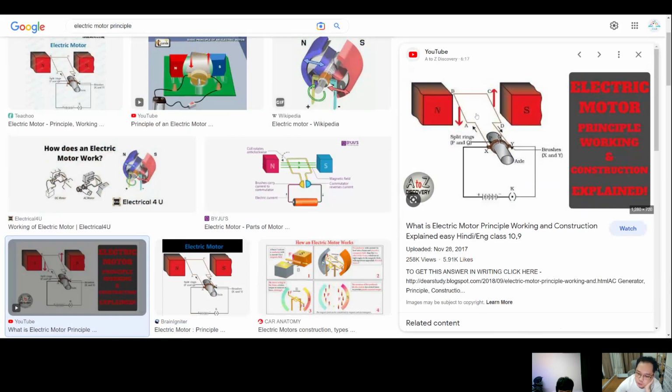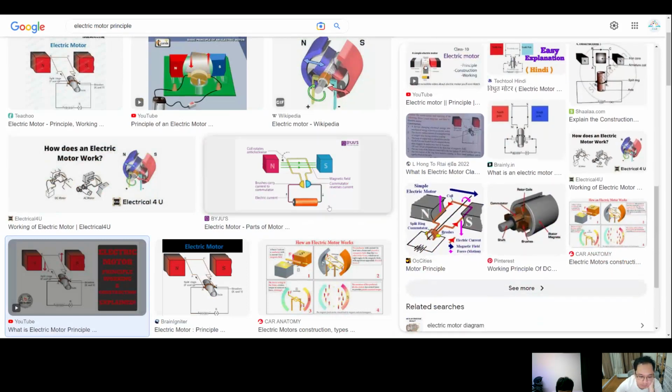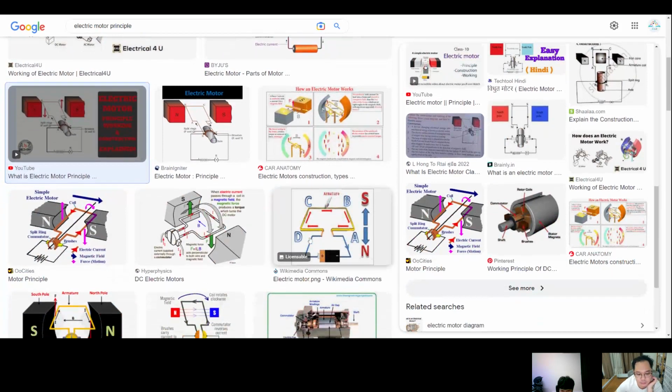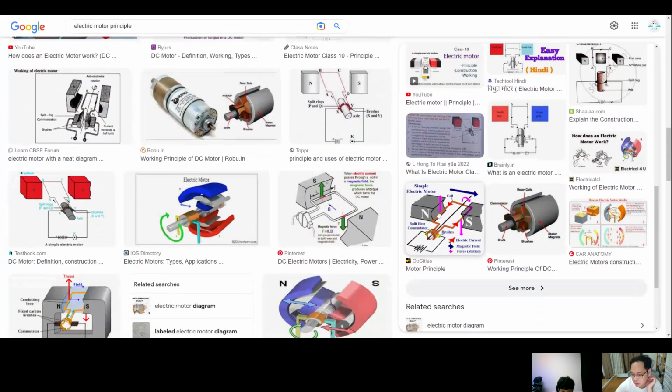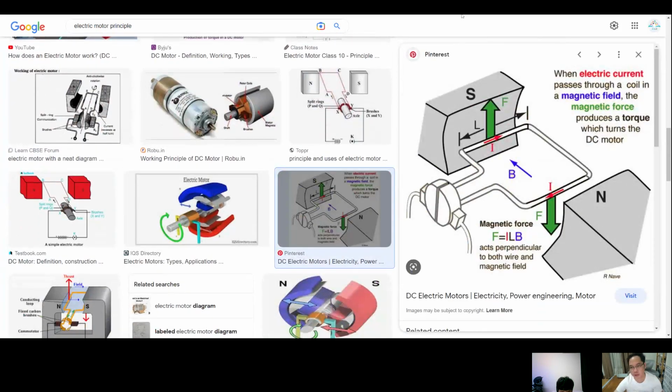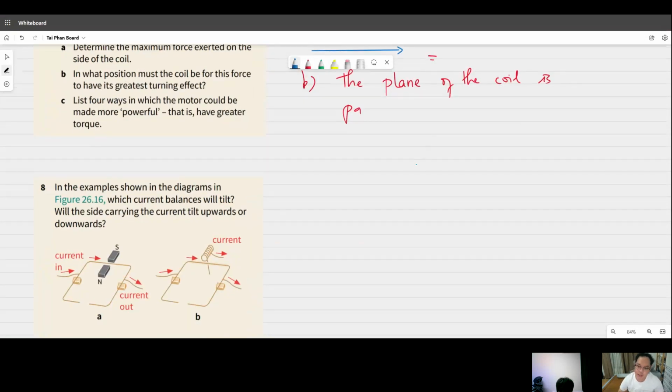But what happens to this frame when it is at right angle to the magnetic field? I cannot find a picture like what I want, so okay, let's draw it. When the frame is at right angle to the field, the field is to the right like this.